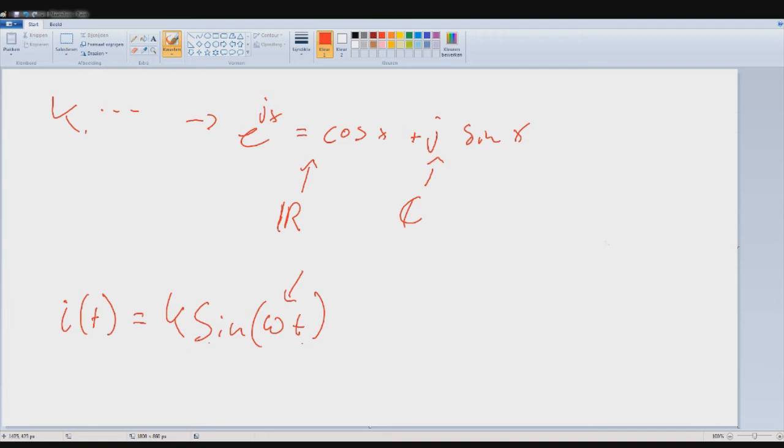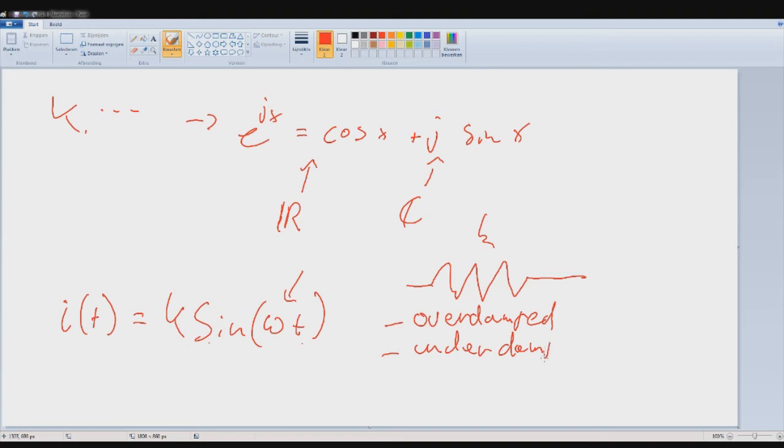And any mechanical engineer will know that resonance has a lot to do with springs, and you can have either overdamped resonance, you can have underdamped, and you can have critically damped.